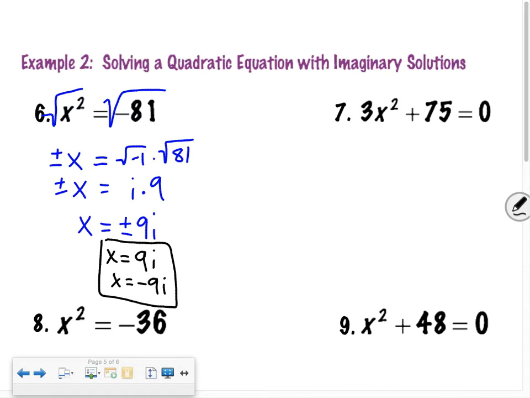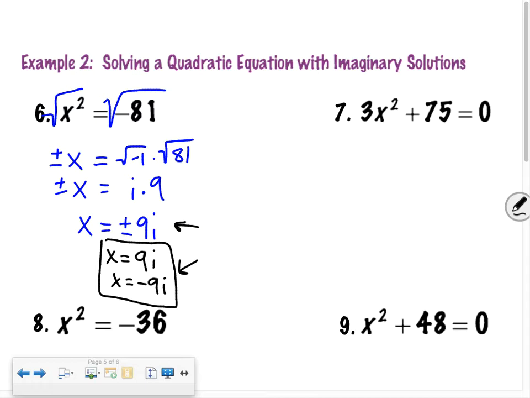I will accept both solutions because both are correct. You could write both of the x values separately, like they are in this box, or you could write x equals plus or minus 9i. These mean the same thing. They're just written a little bit differently with the plus or minus signs.